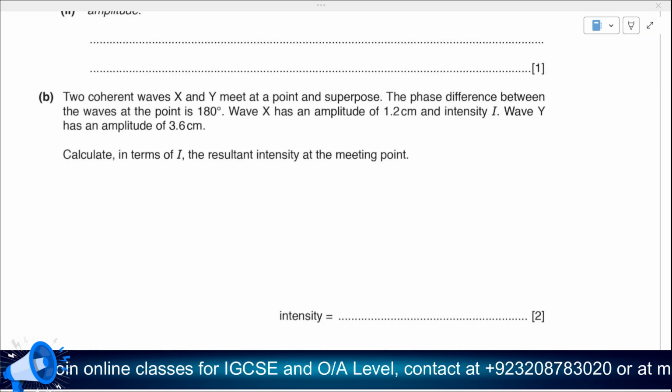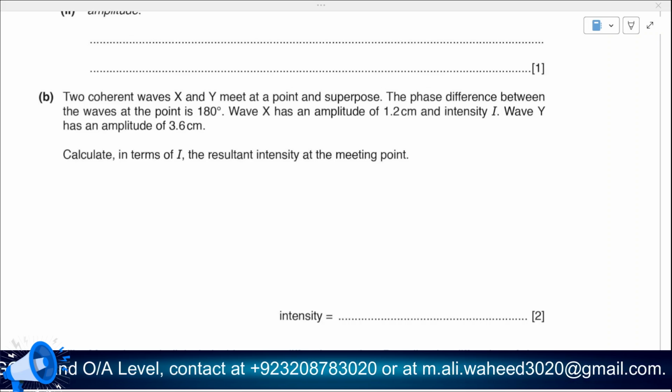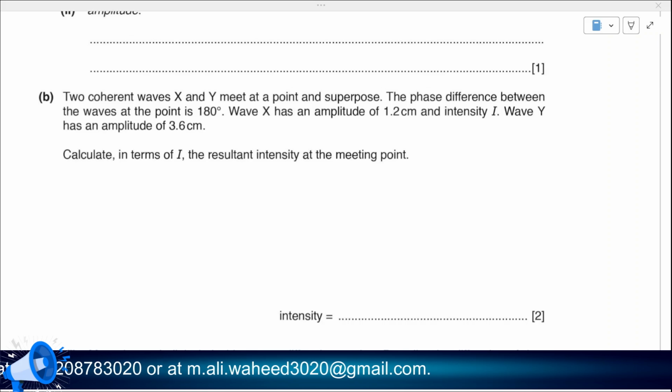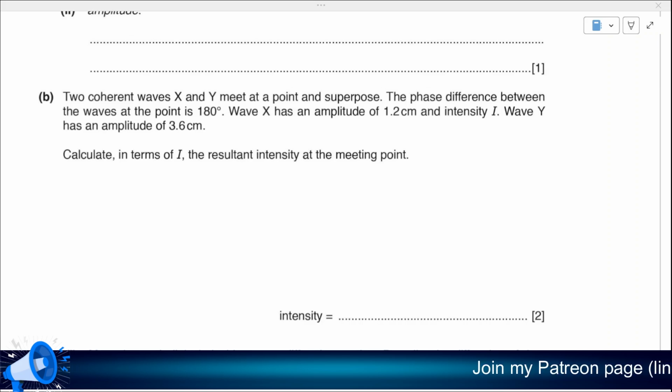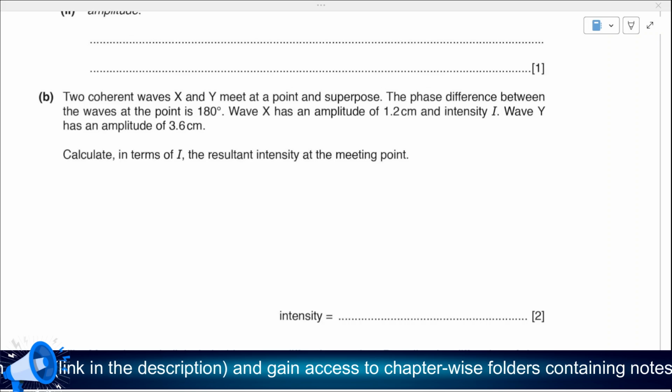The wave x has amplitude 1.2 and intensity I. The wave y has amplitude 3.6. What we are supposed to find is to calculate the intensity, in terms of I, of the resultant wave at the meeting point.